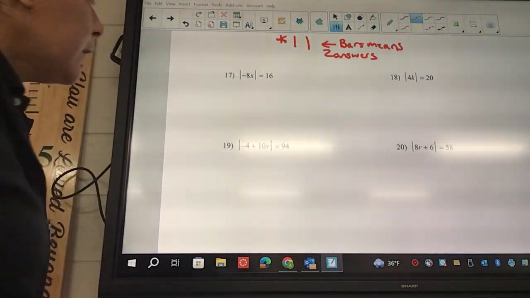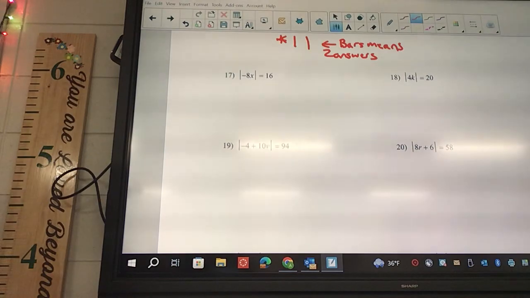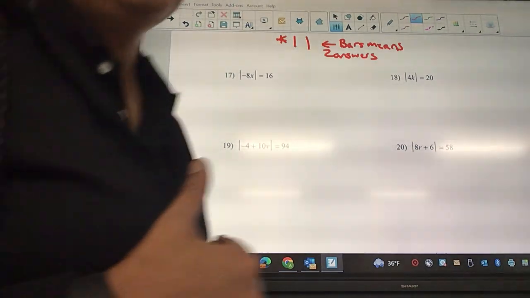Okay, so if we look at this first one, is there anything on the outside of the bars? So if you look at like number 21, see how that 6 is on the bottom, like outside the bars? Okay, that's not allowed. Okay, look at 22. What's not allowed? What's on the outside of the bars? The 3. Okay, 23. What's on the outside of the bars?